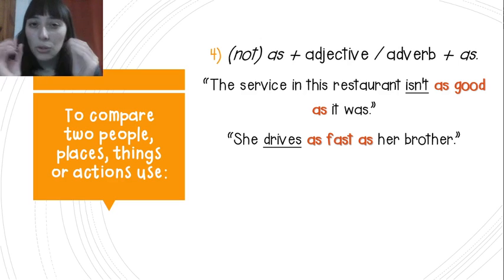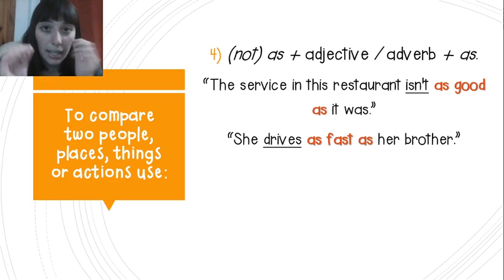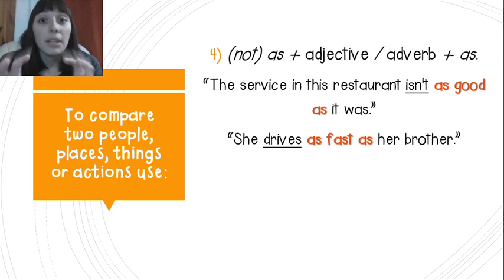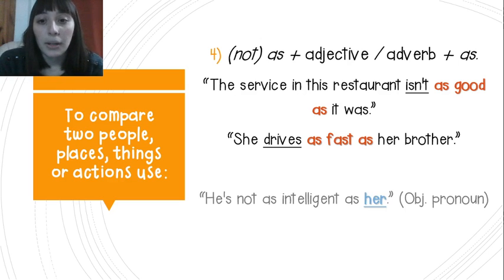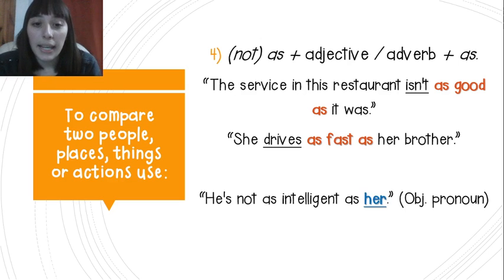Now I want you to pay attention to this little but very important difference when you use this structure, and it has to do with how you finish the sentence. For example, you can say he's not as intelligent as her.